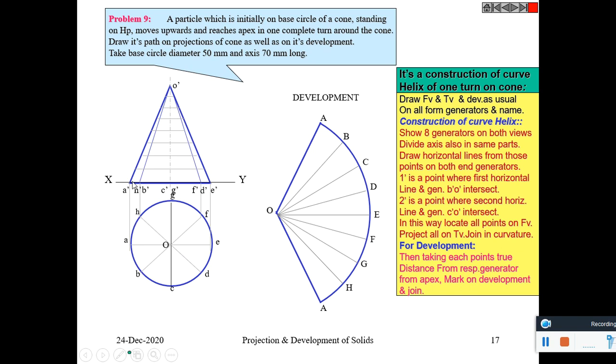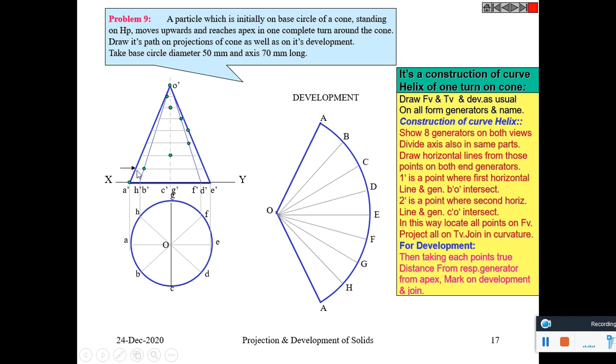Now the point starts from A, the second point is here, the third point is here, the fourth point is here, and so on. The fifth point is here. This is the sixth point at the back, then the seventh point, eighth point, and ninth point.